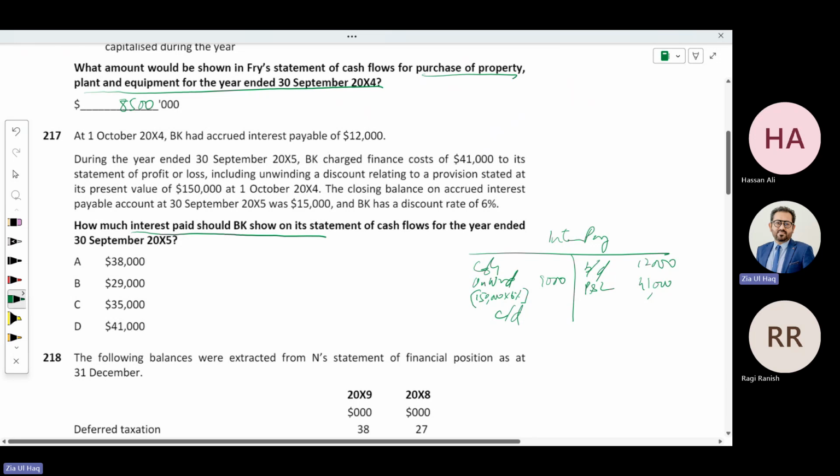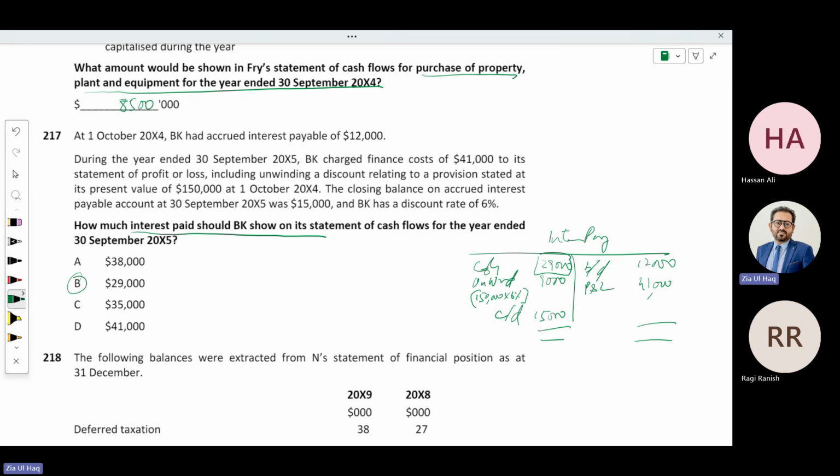Is there any closing figure given? 15,000. So what's the cash figure? 29,000. Yes.